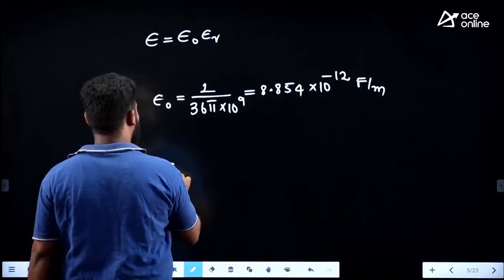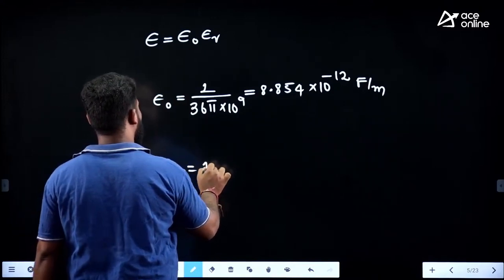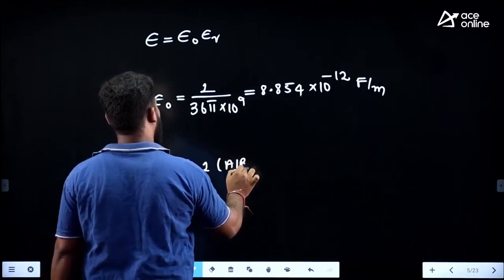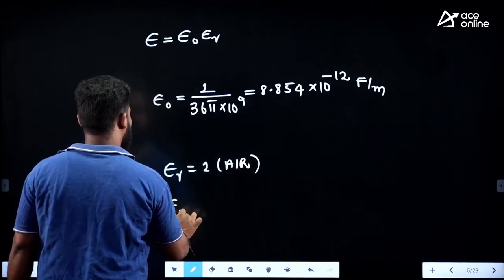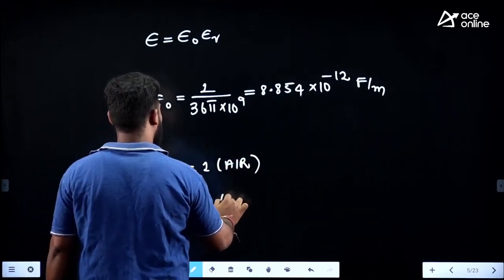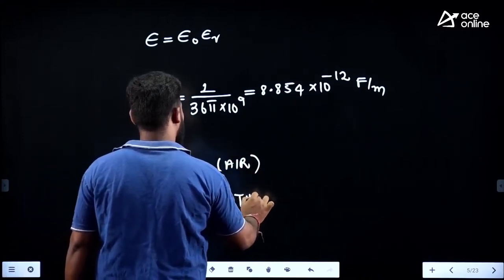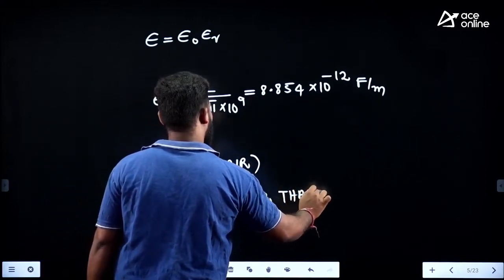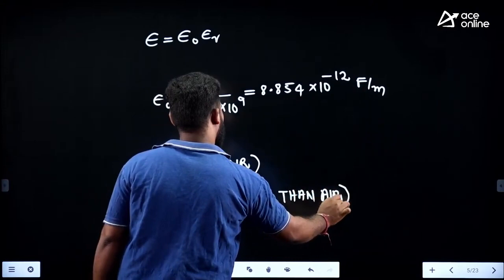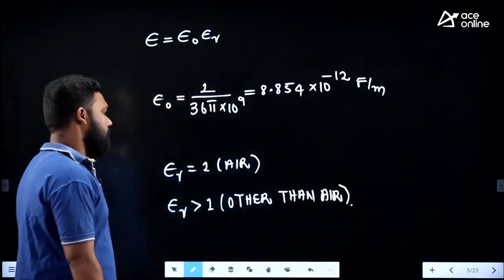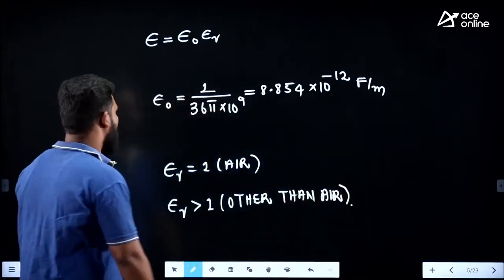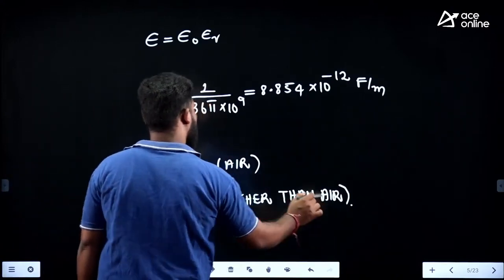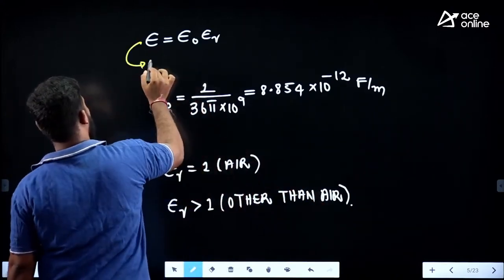And what is this epsilon r? It is equal to 1 for air, and this value is greater than 1 for other than air. So what is this called? This is permittivity.